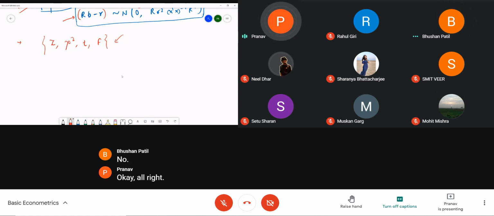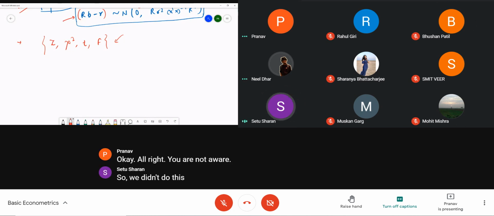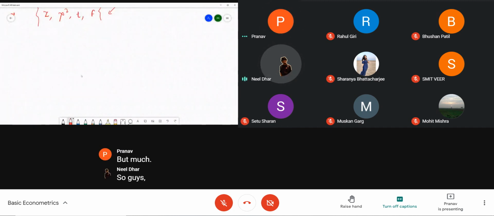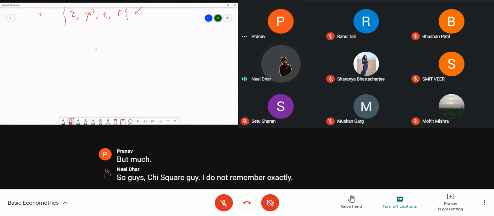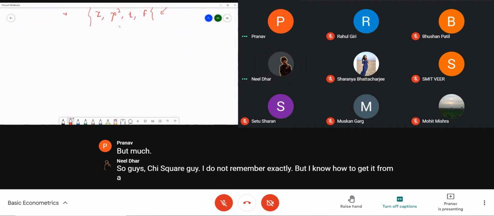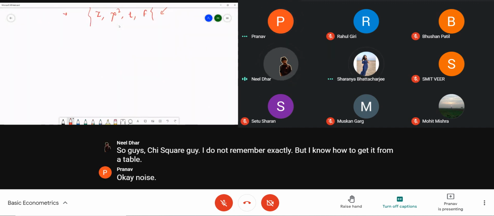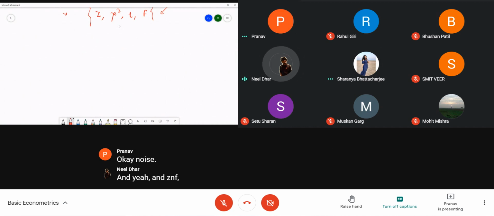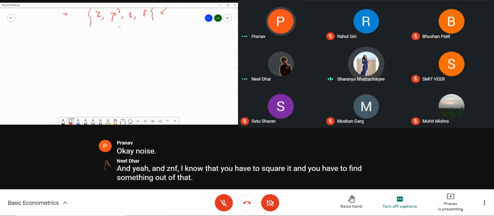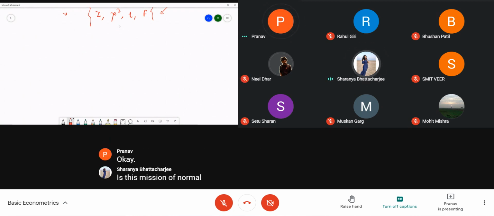Neil, you are not aware? So we did not do this in a stats class. Achha. So, chi-square I do not remember exactly, but I know how to get it from a table. Okay. And Z and F, I know that you have to square it and you have to find something out of that. Chi-square is the summation of normal distribution now?